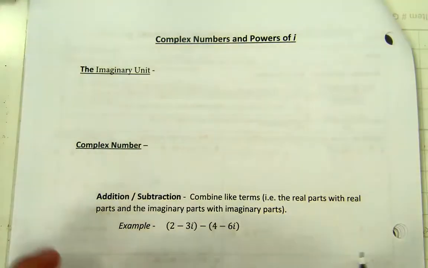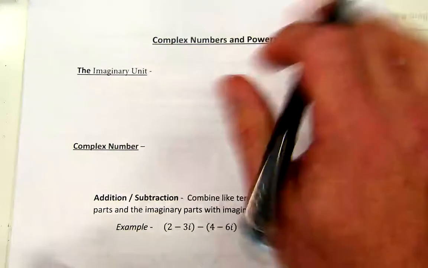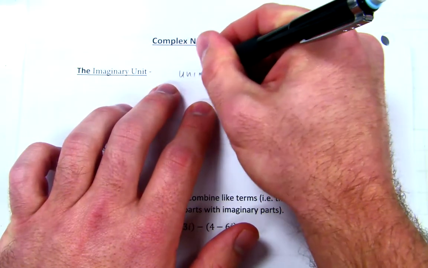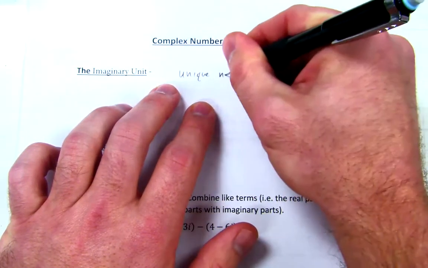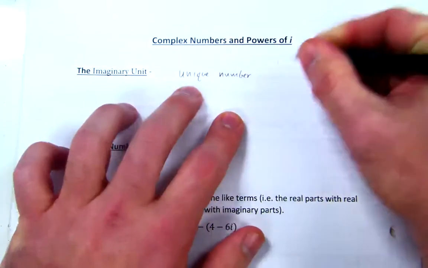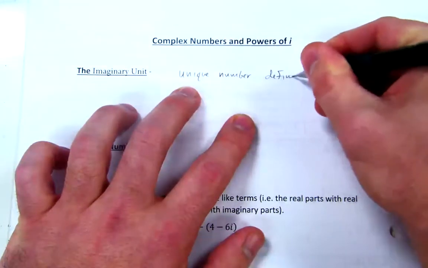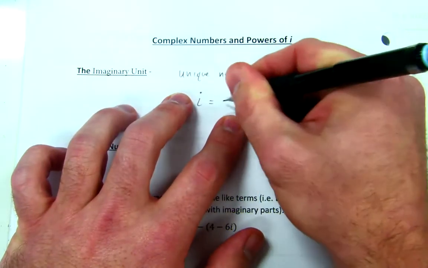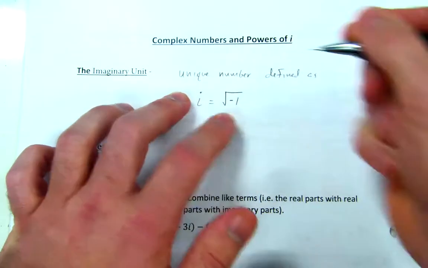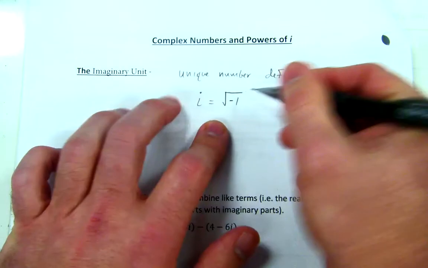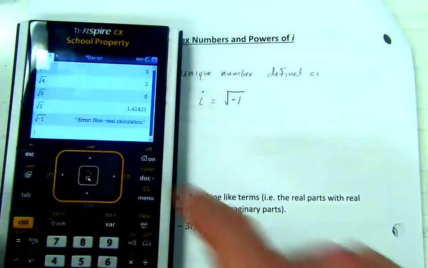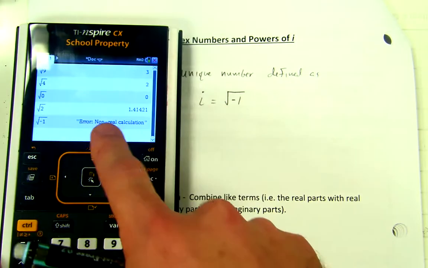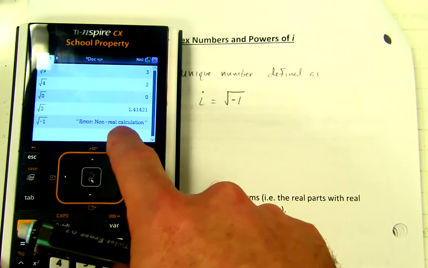So the complex, or the imaginary unit, is a unique number defined as i equals the square root of -1. We saw in our calculation here that the square root of -1 didn't result in anything that we could come up with as a real number.